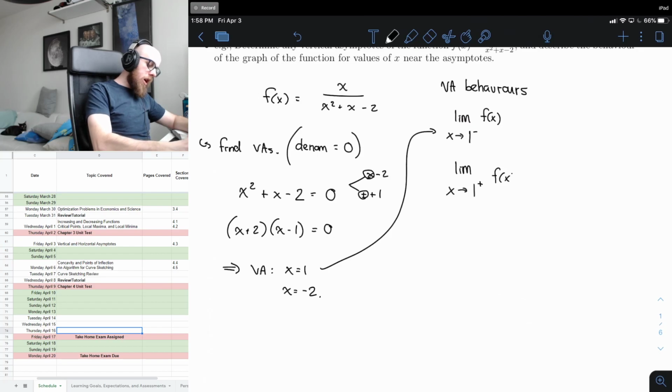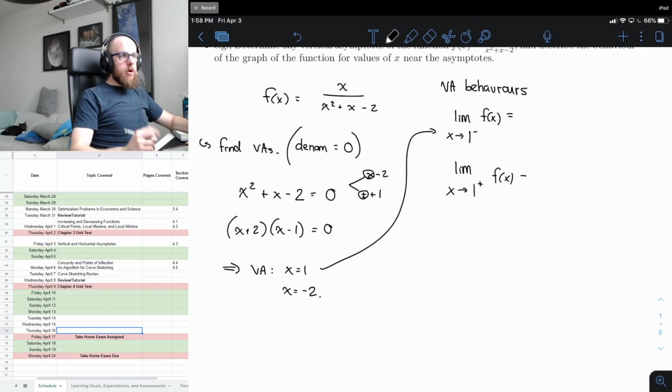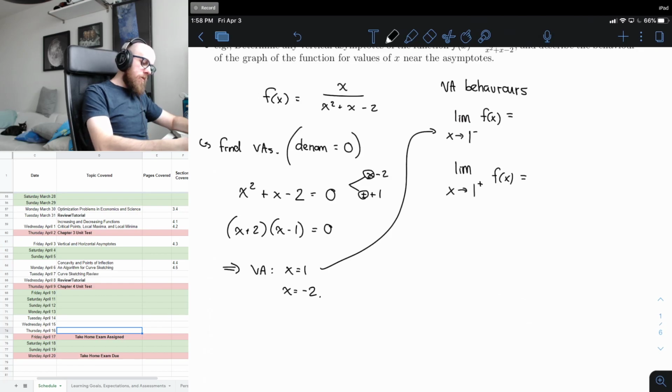I want to know what both of these limits are doing because next week on Monday, we're going to start to graph these things. These two limits will allow us to figure out what the function is doing near the vertical asymptote so that we can make a more accurate sketch of it. We can actually use test points to figure out what these are.